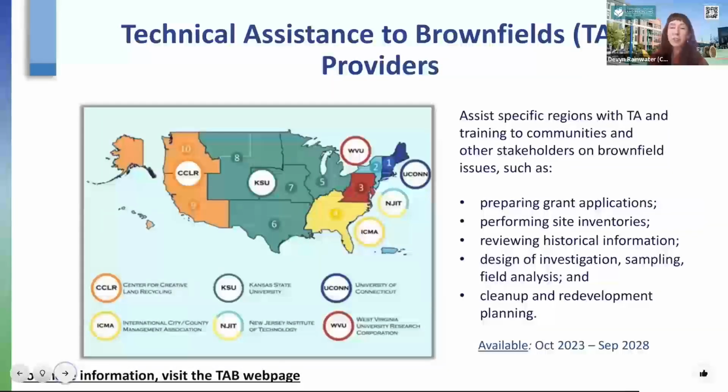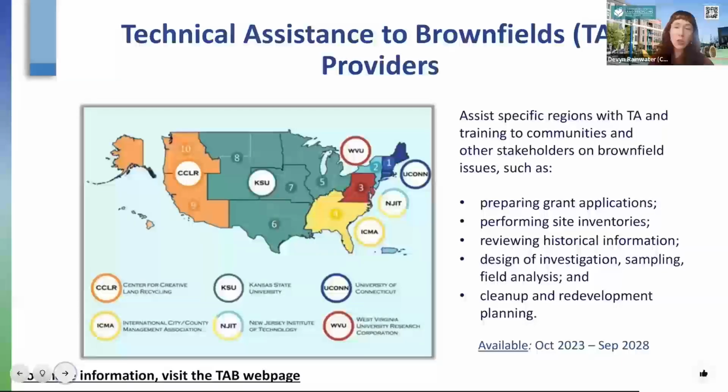So I tried to cleverly position that question right ahead of this slide where I talk about our technical assistance providers, to say that these are the folks that are ready to help, as well as our team at EPA Region 9 and the Vacant and Vibrant program. As I said, CCLR is your TAB provider for Region 9, and we're also working closely with EPA on this initiative.